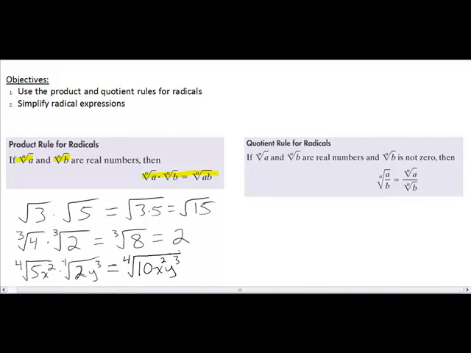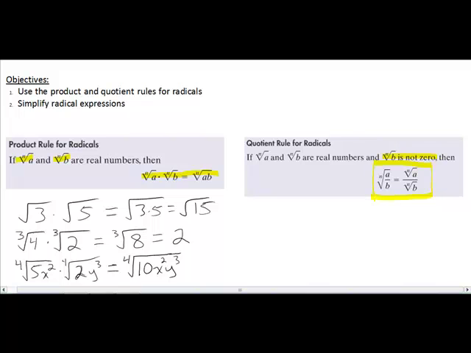But now let's look at the quotient rule. In the same way as the product rule worked, if we have the nth root of a and the nth root of b, and they're both real numbers, and it's important also that the nth root of b is not 0, because we can't have 0 on the bottom of a fraction. But you see the formula here for the equation. I'll just box it in there.